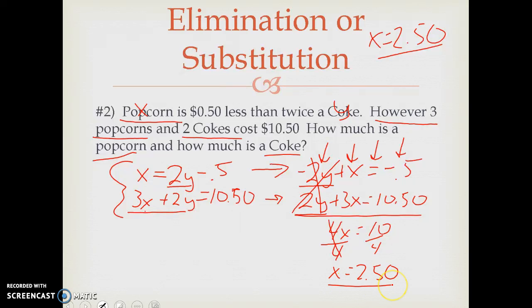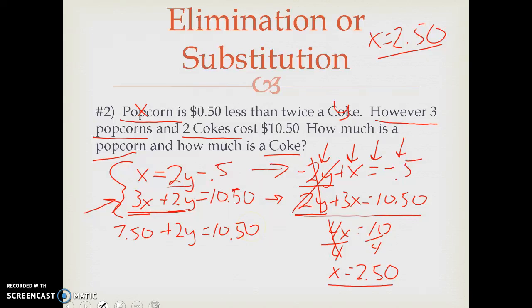Well, once I know what x is, then I can plug that into either one of my equations to figure out what y is. So let's say I use this second equation here. 3 times x, that would be 3 times 2.50, which is $7.50, plus 2y equals $10.50.